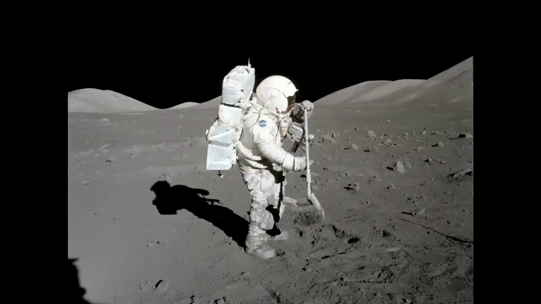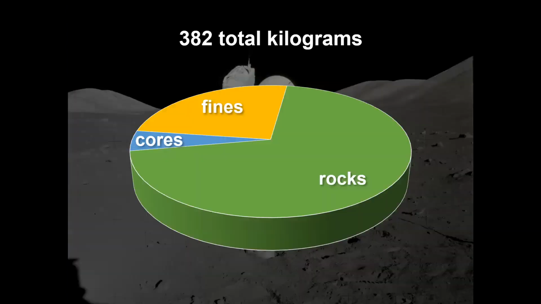But there's even more that we don't know about the lunar surface. The lunar samples that were brought back by the Apollo missions were a huge benefit to science, obviously, but even those samples were limited. All of the Apollo missions combined returned a total of 382 kilograms of lunar samples. 70% of that weight was rocks, 5% was cores, and 25% of that weight was fines.